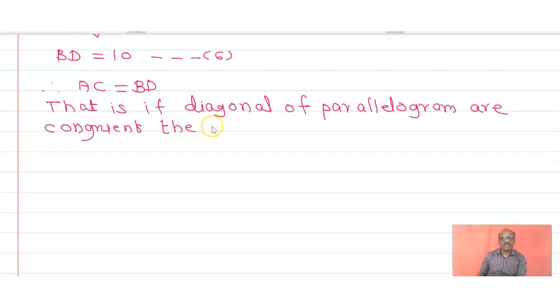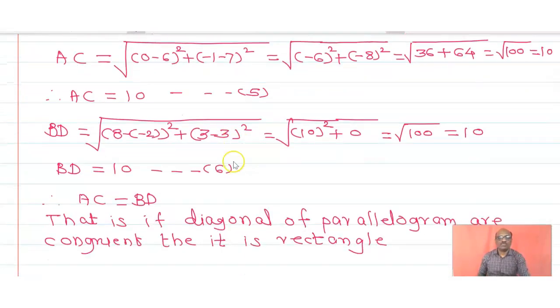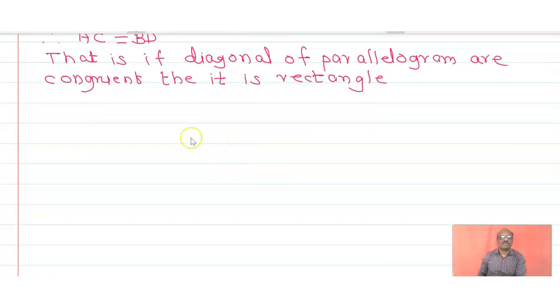Then it is a rectangle. Okay, then it is a rectangle. Okay, we have the parallelogram, we have proved it, and therefore what is here?